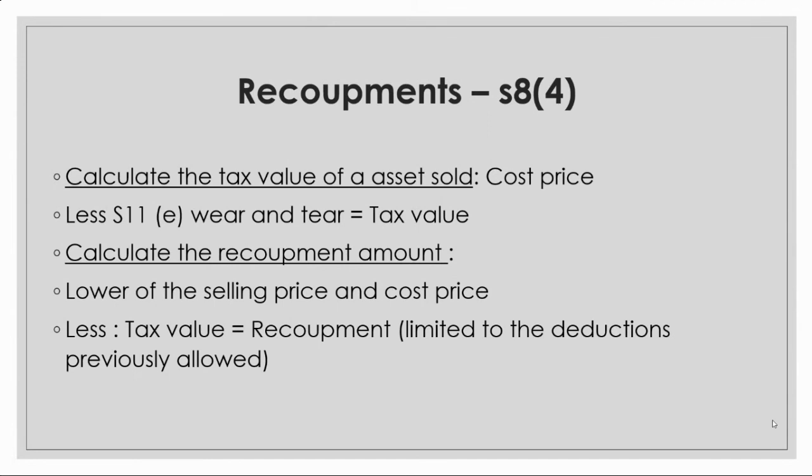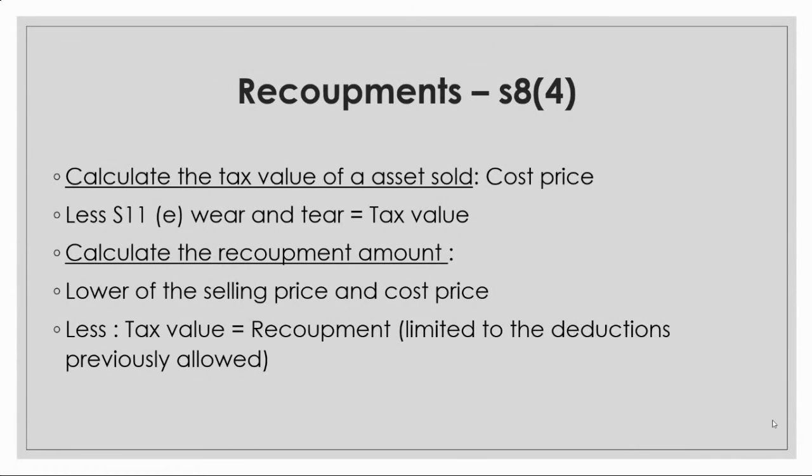Then you would deduct any Section 11E or Section 12E or Section 12C wear and tear deductions that you were allowed to claim. Okay, so that is basically the depreciation charge that SARS allows you to deduct when you do your taxable income. Then you remove that out of the cost price to work out what is your tax value.